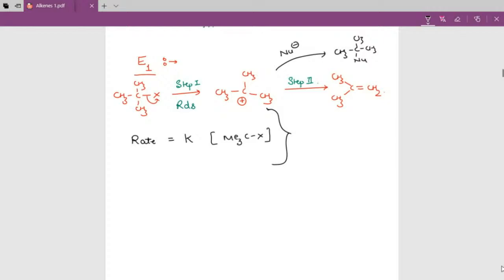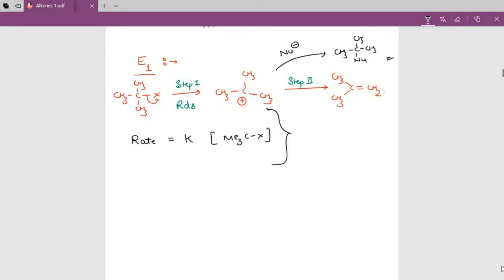So as far as the rate of the reaction is concerned, rate of a particular substrate in a given condition for SN1 as well as E1 will always be the same. Now, if I want to prepare alkene, I need to suppress SN1. Otherwise, I lose my yield to nucleophilic substitution products.